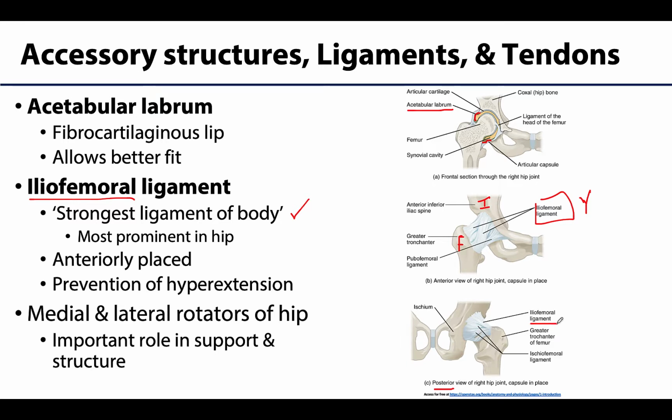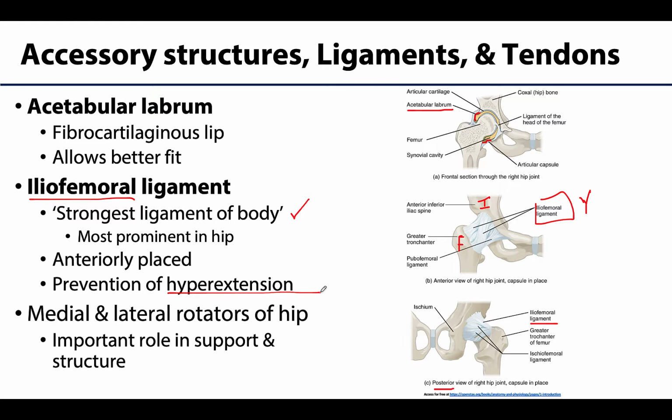Other than, of course, providing overall stability and protection of the joint, the iliofemoral ligament also specifically prevents hyperextension, so extension past where it should, of the hip joint, both during active movement as well as during standing. It really serves to prevent hyperextension. So that's important in terms of stance phase as well as in terms of locomotion.